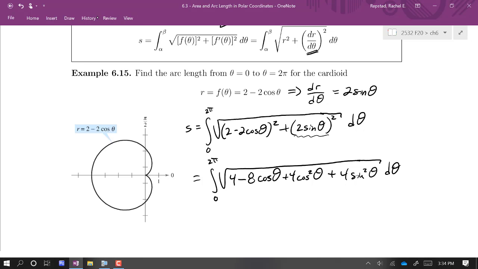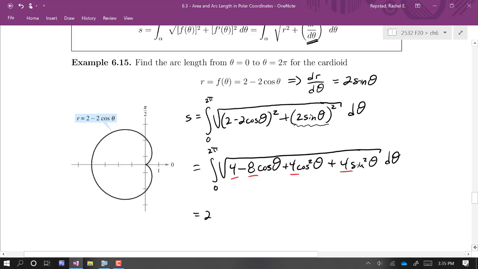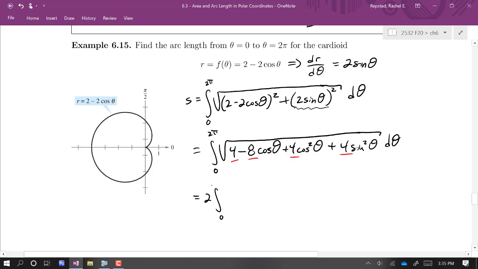Now there's a common factor of 4 in all terms in the radical. So I'm going to pull it out of the radical. It'll become a 2, and I'm going to yank that 2 right out of the integral itself. When I do that, it'll look like this. So I've taken a factor of 4 out of everything.